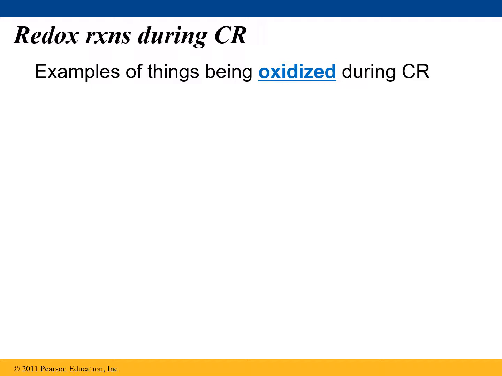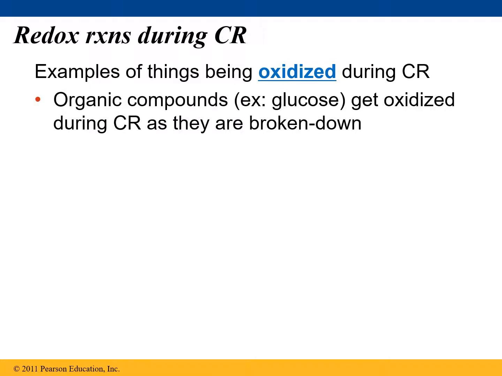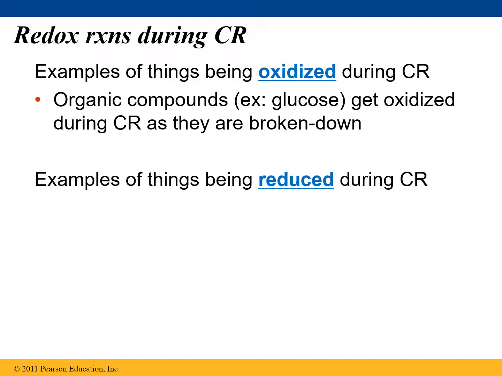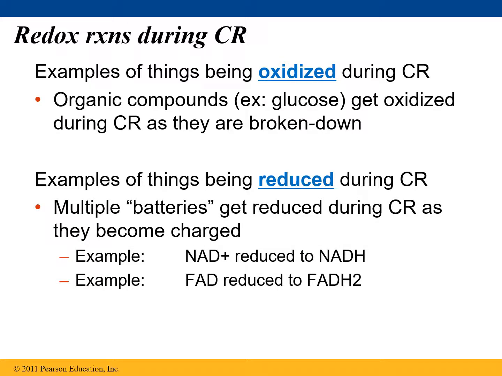All right, let's run through a couple of these in context, because really this is where it's more important to know what these terms mean. Organic compounds like glucose get oxidized during cell respiration as they get broken down. And the things that get reduced during cell respiration are really the two most popular batteries that we talk about, NAD+ and FAD.